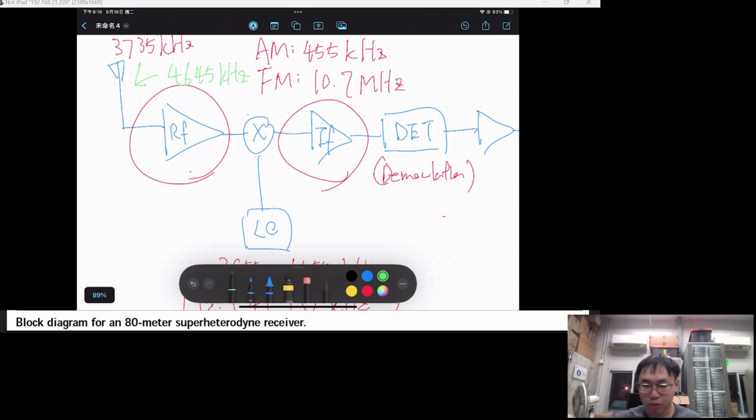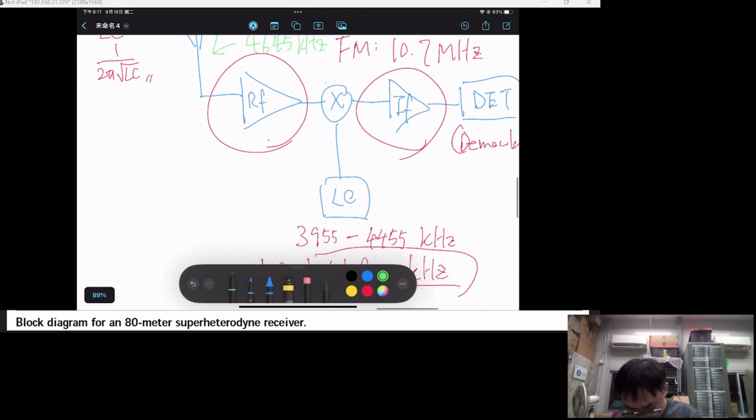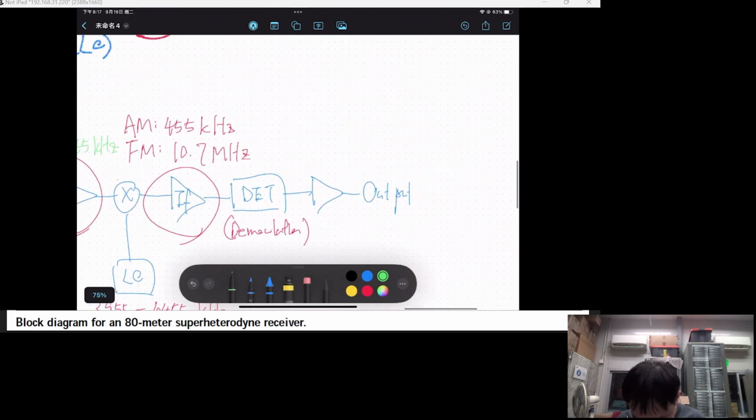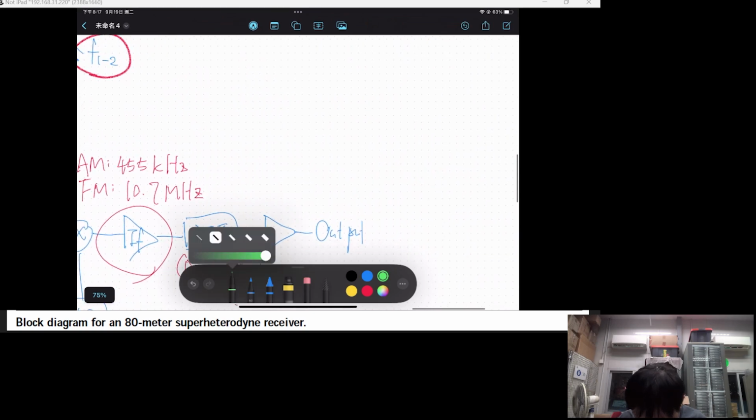Here we have a very great problem. Hey, okay, we'll move here.